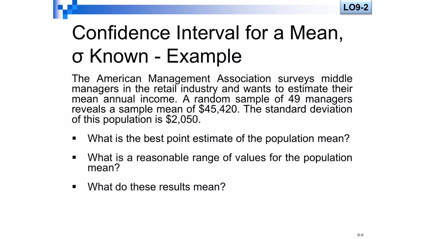Now they want to know what the point estimate is. We said point estimate is something from the sample that we can use to predict about the population. So if we consider this definition, here the sample mean is, of course, the point estimate, because from the sample mean we can predict about the population.